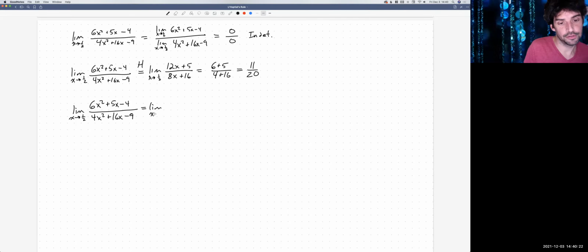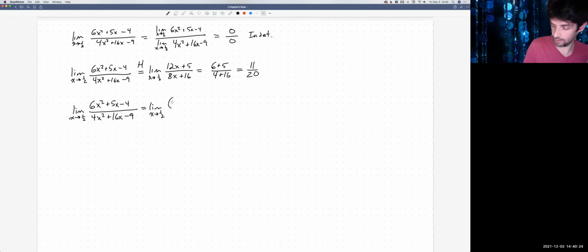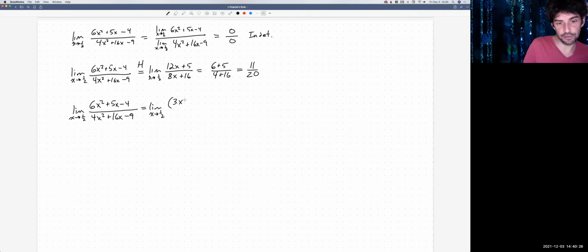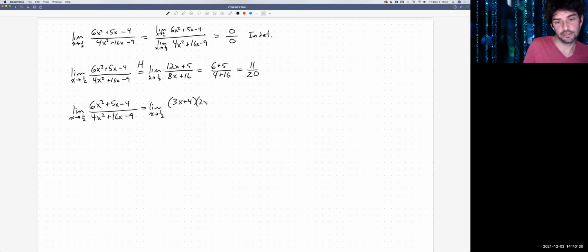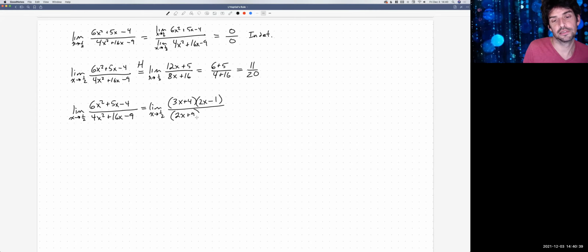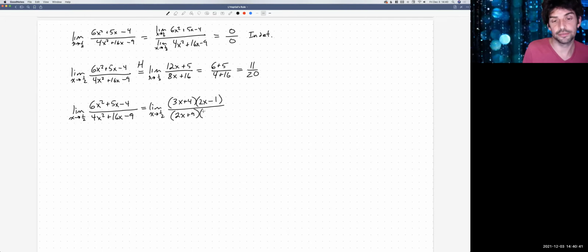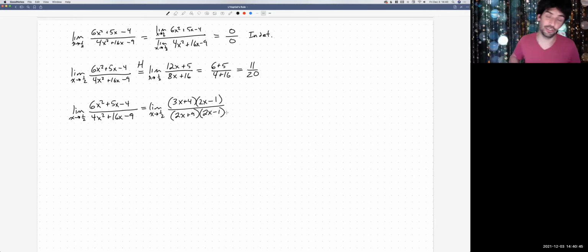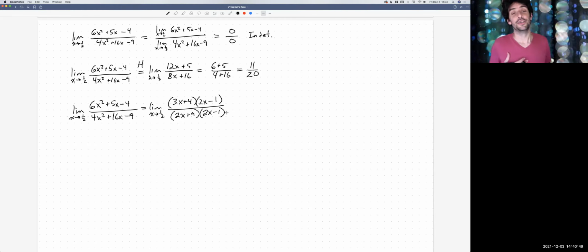If you do a little bit of work, you can rewrite the top, the numerator, as 3x plus 4 times 2x minus 1. And the denominator is 2x plus 9 times 2x minus 1.